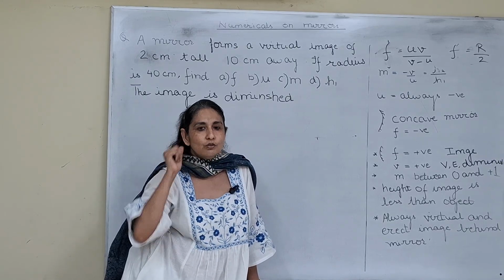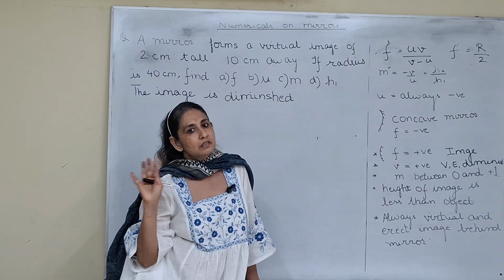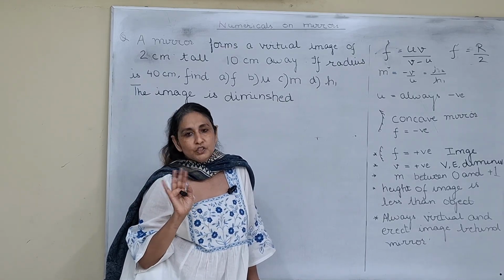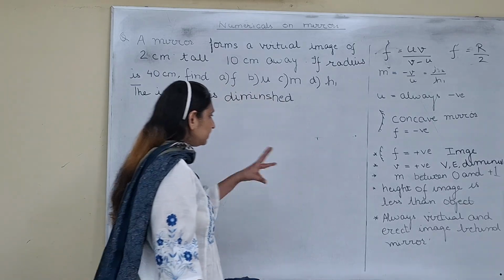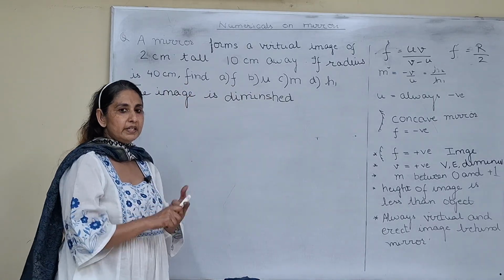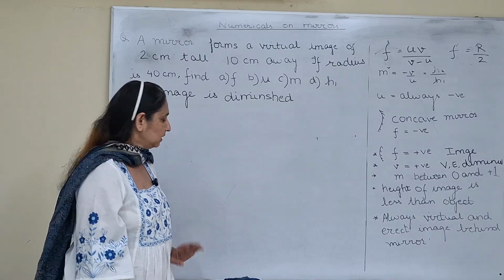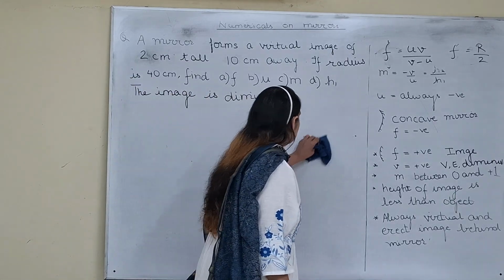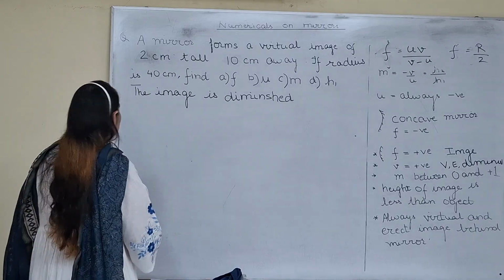So if these three combine, it has to be convex. There is no other chance of any other mirror. So that's very important to remember. Virtual, erect and small is by convex mirror. It's not lazy like concave mirror. Okay, we'll start the question.